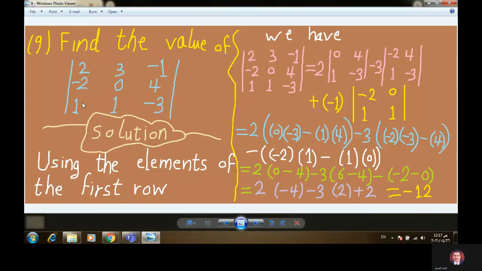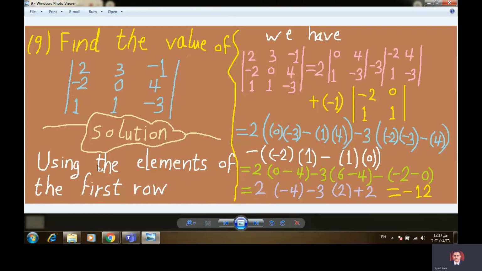Number 9. Find the value of this determinant. Inside this determinant, we see the elements 2, 3, -1, -2, 0, 4, 1, 1, and -3.